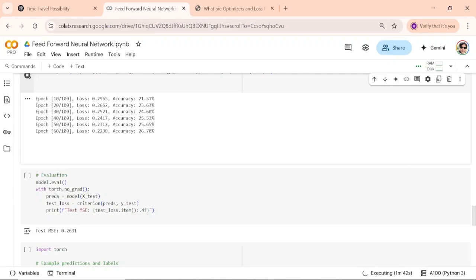The process is similar to how a human learns. That's why we say artificial intelligence. So that's an ideal metric which is coming up. Yeah, 26% accuracy with 0.21 as a loss.